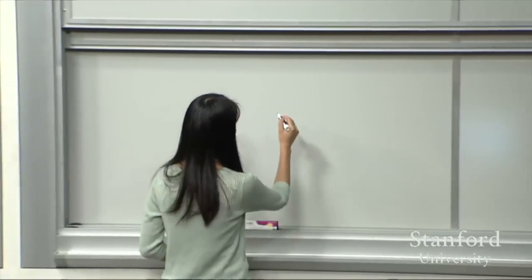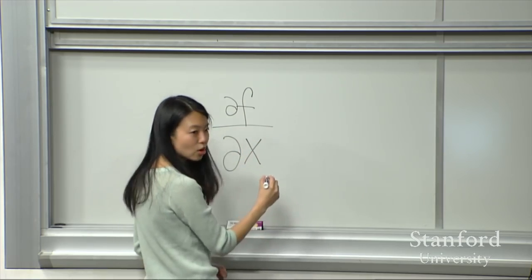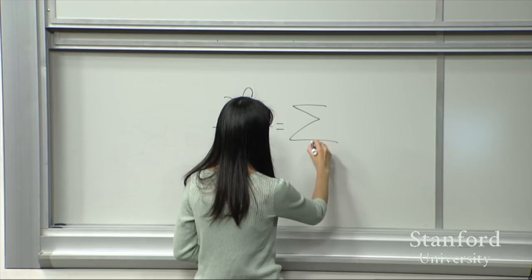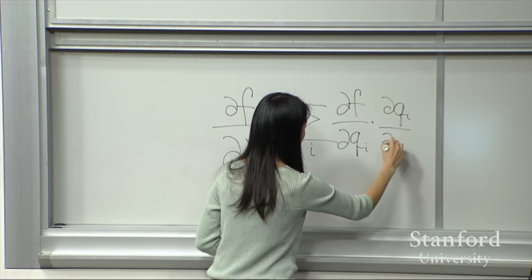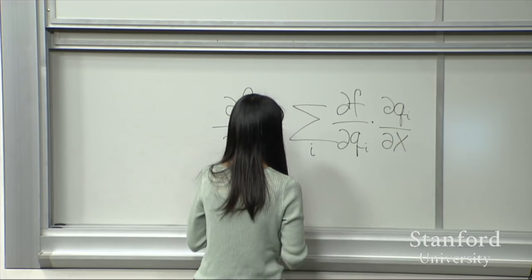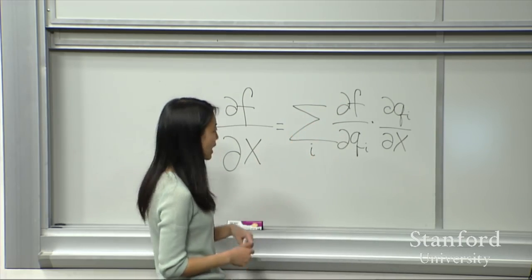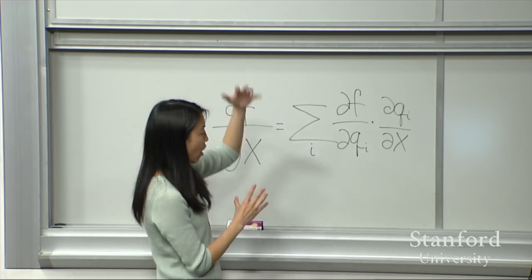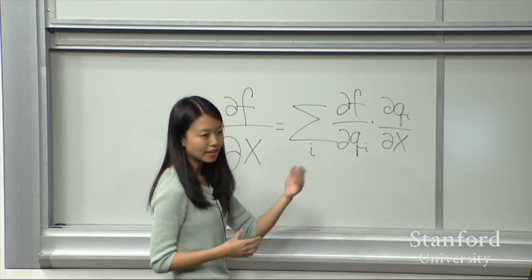Yeah, so I can write this maybe on the board. Right, so basically if we want to have the gradient of f with respect to some variable x, and let's say it's connected through variables q_i, so this is basically saying that if x is connected to these multiple elements, in this case different q_i's, then the chain rule is going to take the effect of each of these intermediate variables on our final output f, and then compound each one with the local effect of our variable x on that intermediate value.